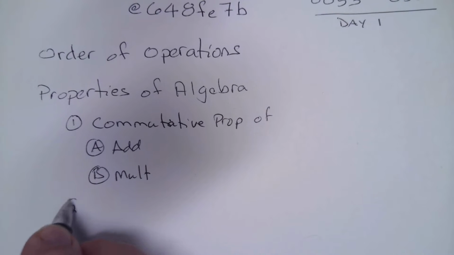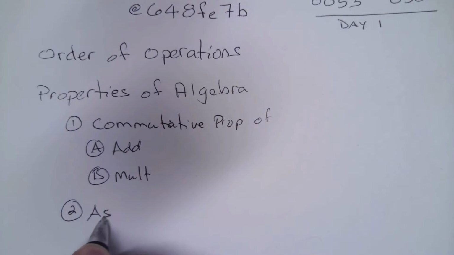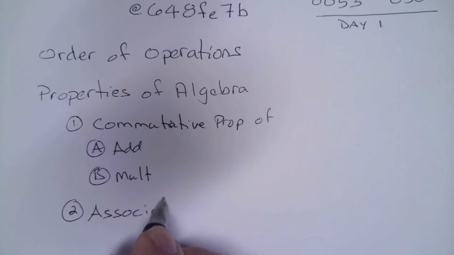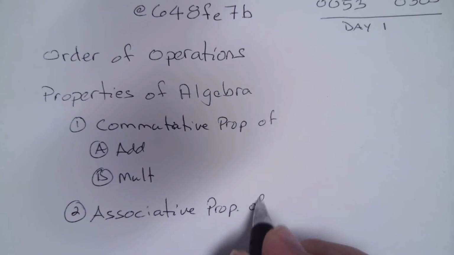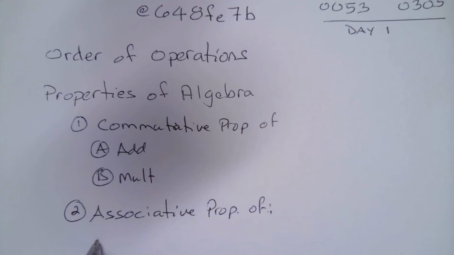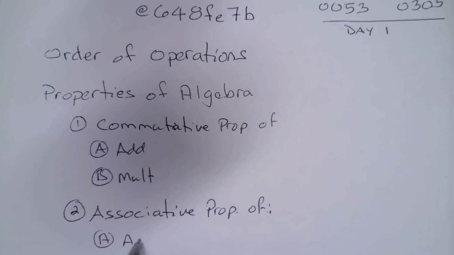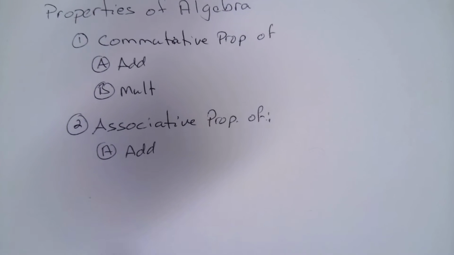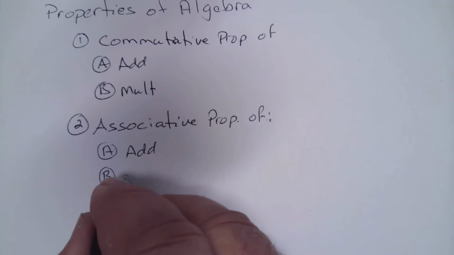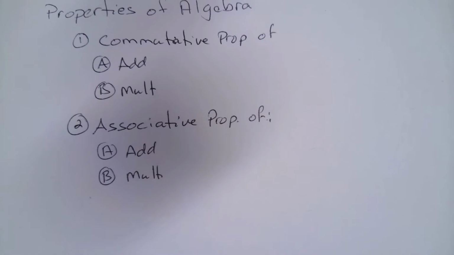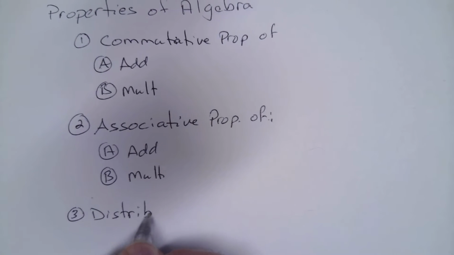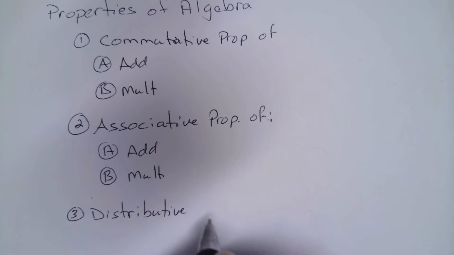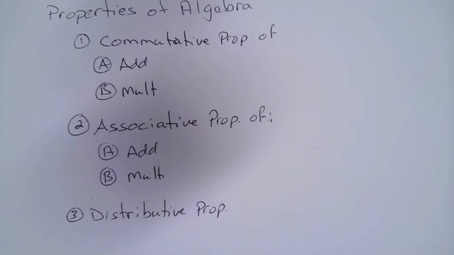Then our second property, the associative property of addition and multiplication. And the third one, the distributive property.